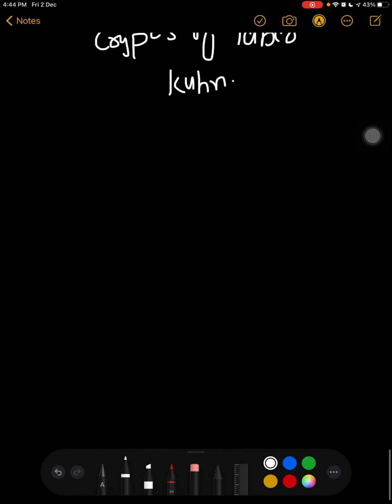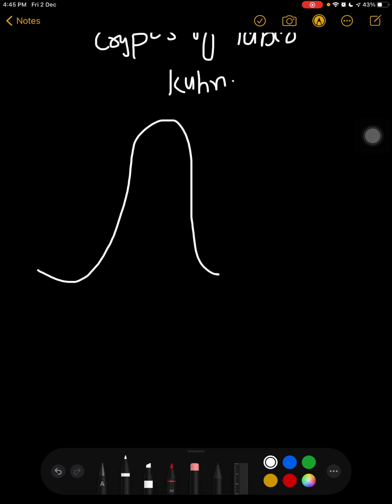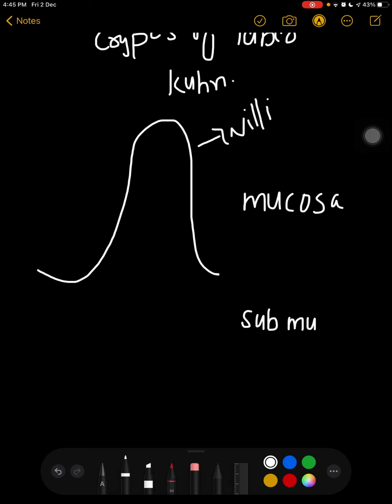Let's have the introduction of another gland. Okay, here let me draw, this is villi again, and this region is known as mucosa, right? And here we have another layer which is known as submucosa.